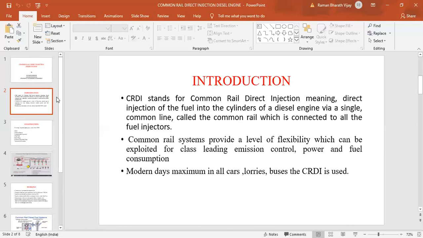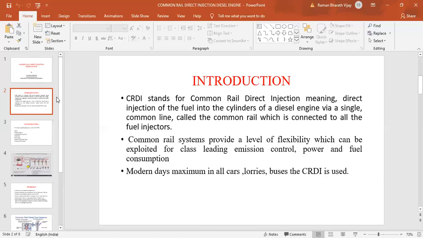We will have some of the major plus points of the CRDI. First, flexibility is high. Second, power is very high. Third, emission is controlled. And fourth, fuel consumption is less.